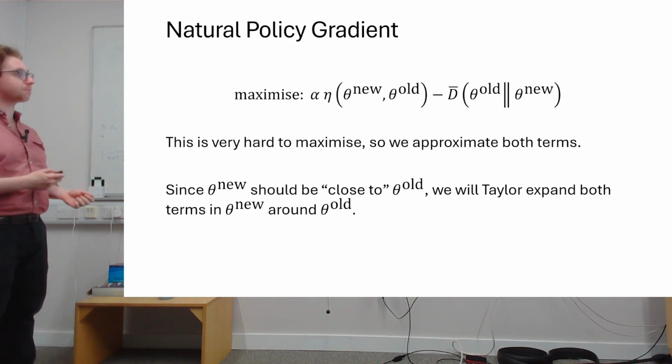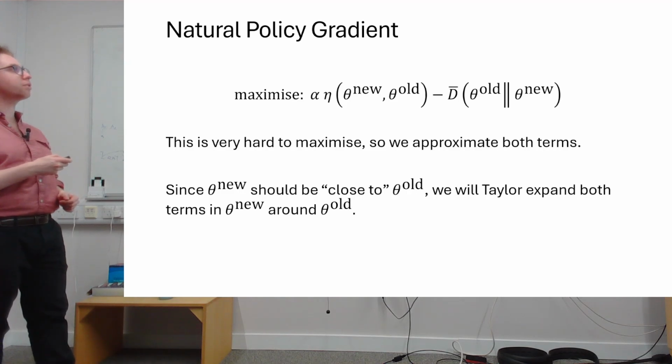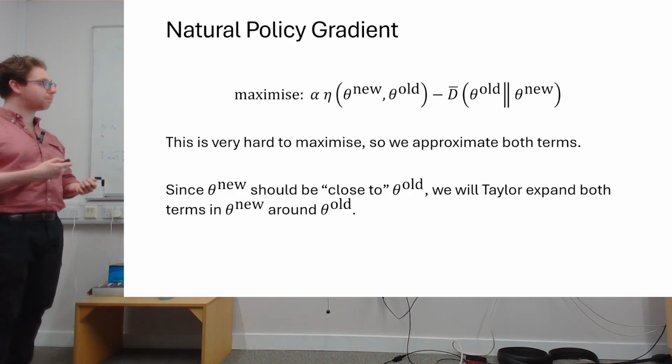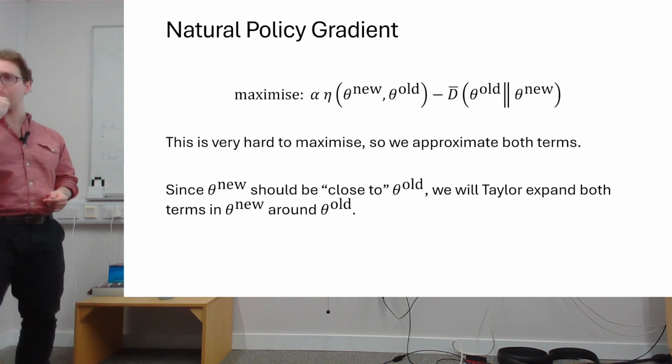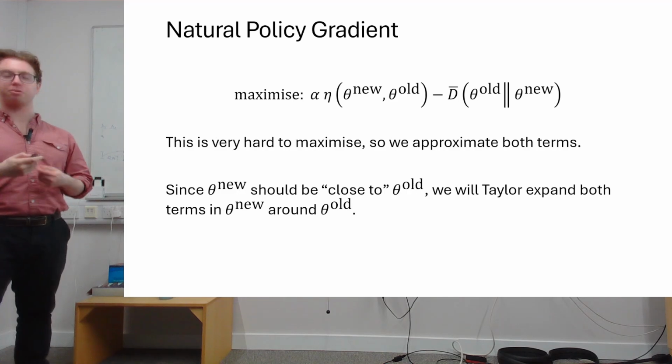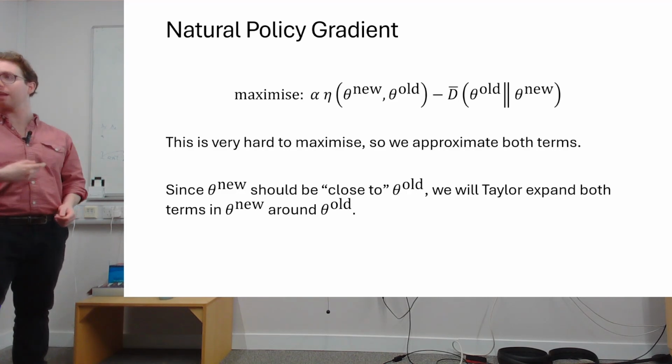And if theta new is pretty close to theta old, then I should be able to Taylor expand both the surrogate advantage and the average KL divergence in theta new around theta old. This is how I'm going to approximate this objective to allow me to obtain an analytic solution.